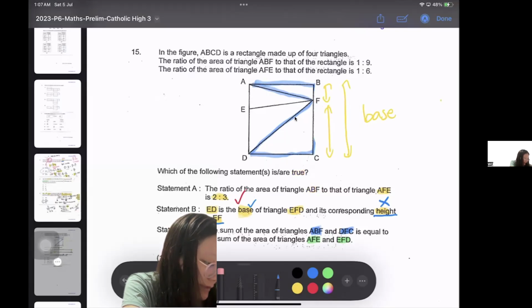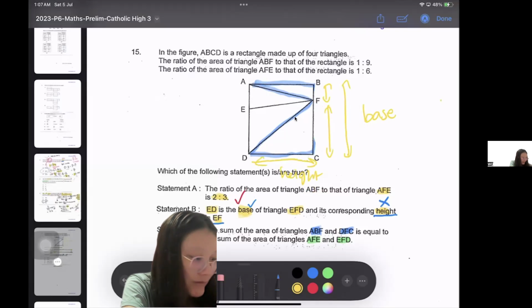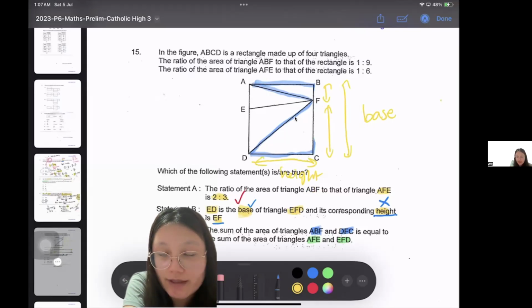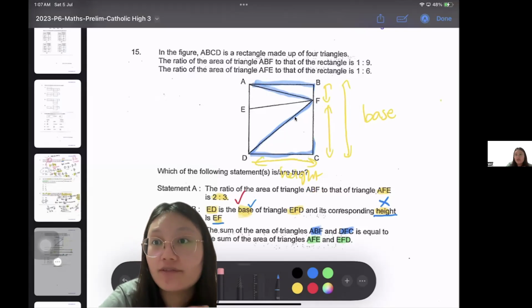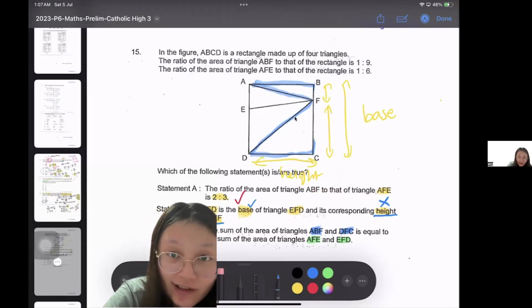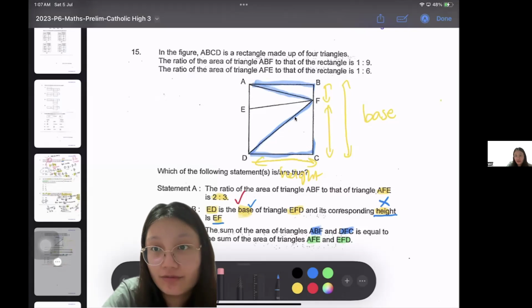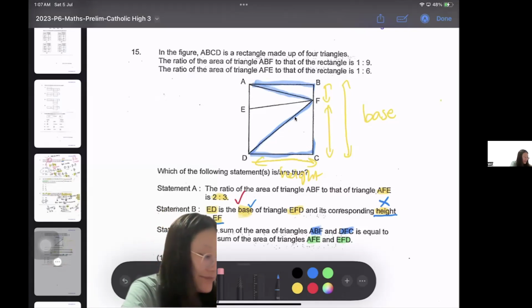Both of them have the same height, which is here. So their base is the entire side of the rectangle, and their height is the entire base of the rectangle. So take note of that, okay?